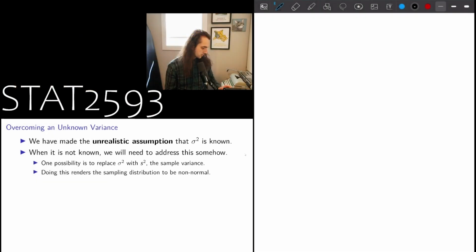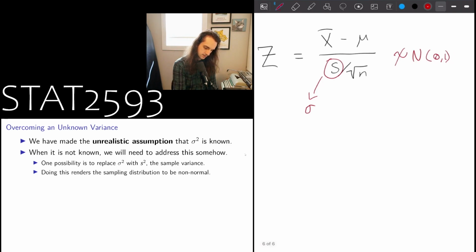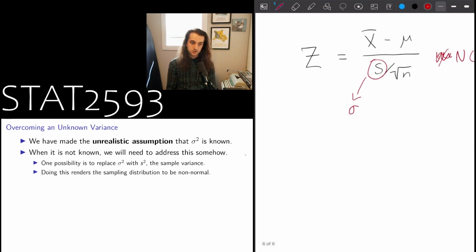In particular, if we take z to be the sample mean minus mu divided by s over the square root of n, where before this value would have been sigma, this is not going to be normally distributed. We'd have N(0, 1) generally, right? So this is not going to be the case, at least in general.